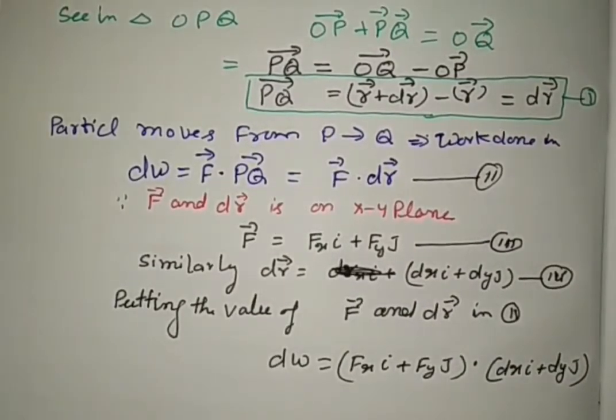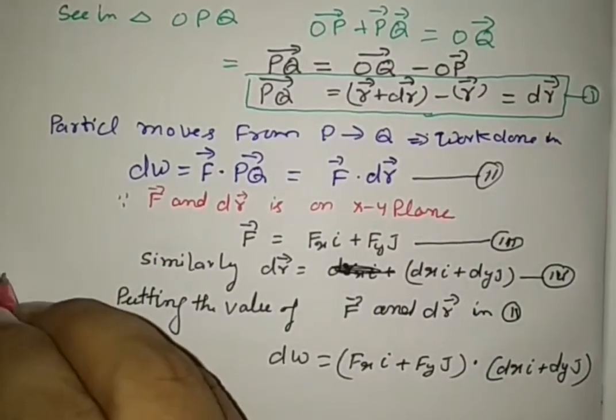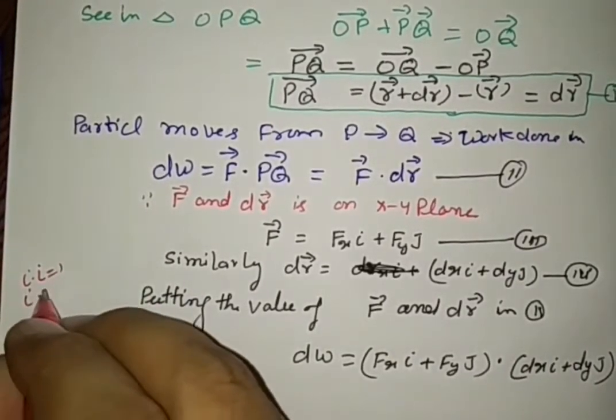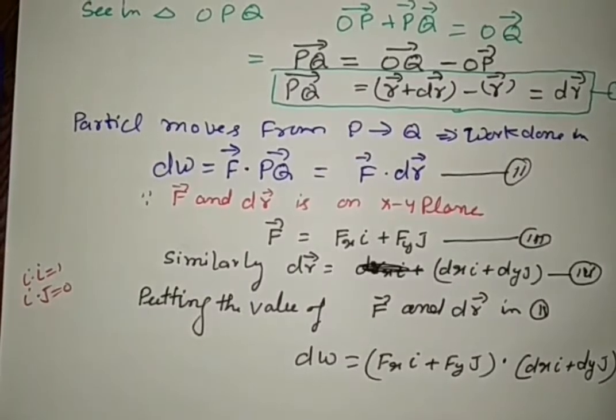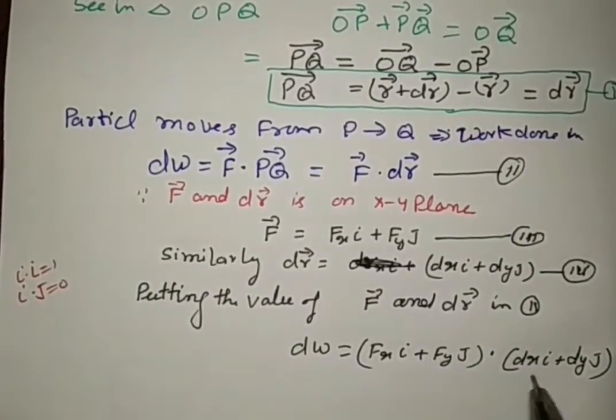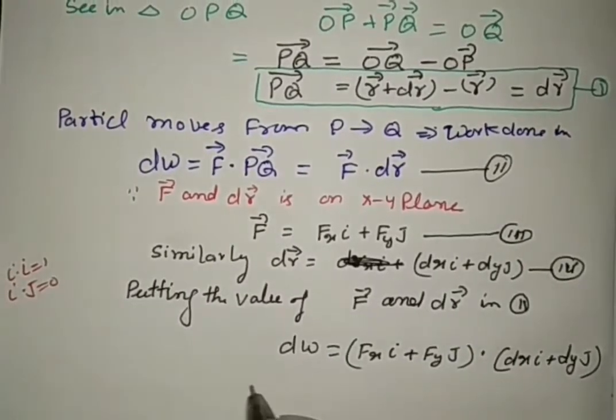Students, you know i dot i, similar, is 1, i dot j, dissimilar, is 0. So here in this multiplication, i will be multiplied by i and j will be multiplied by j.